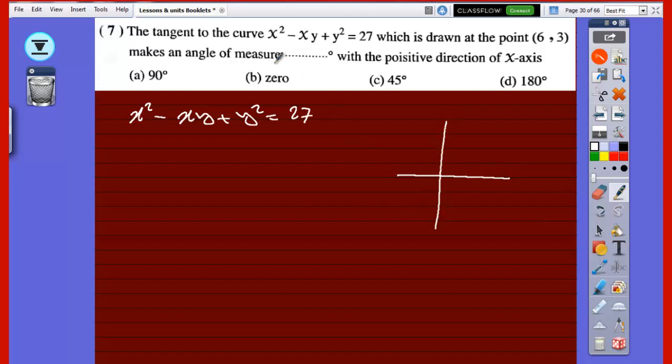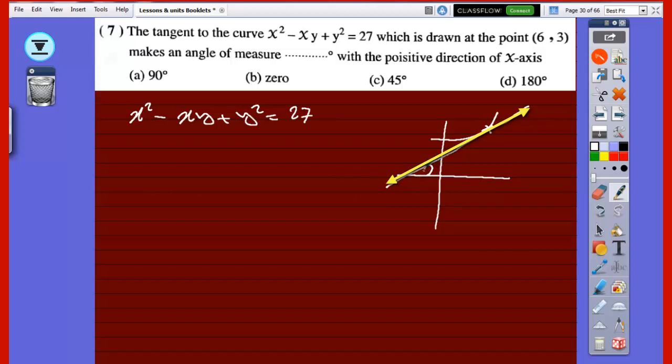So we will draw a part of this curve here. Consider it in this form, and the point (6, 3), consider it here, lies on the curve, and we have a tangent like this. This tangent makes a positive angle with the positive direction of the x-axis.